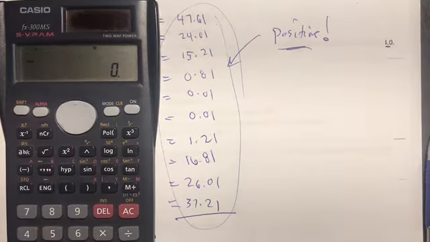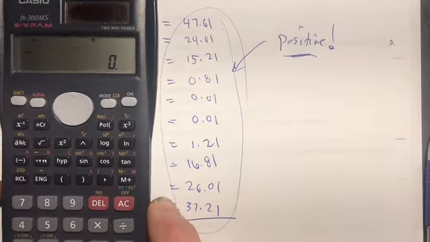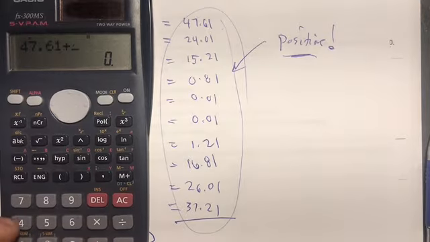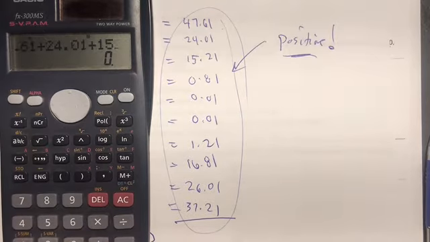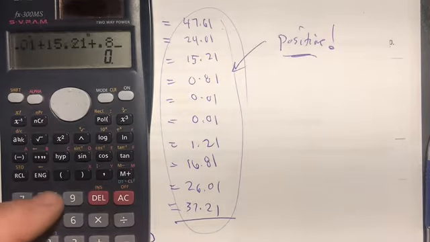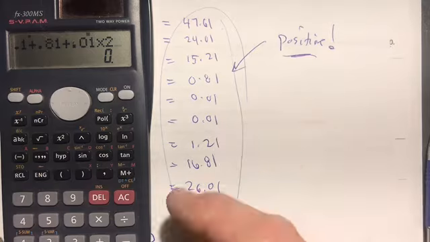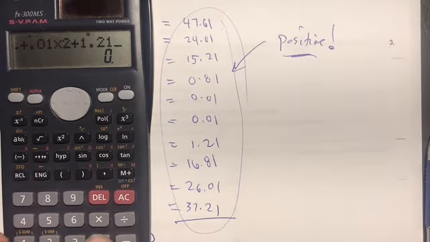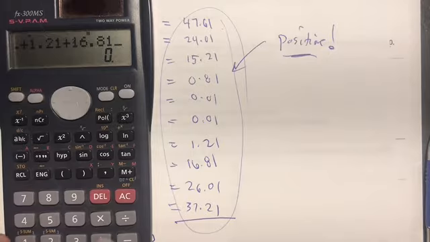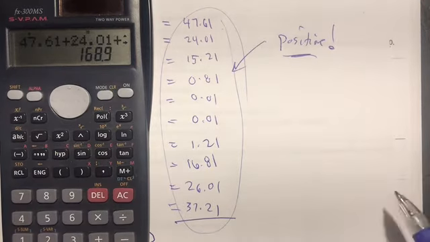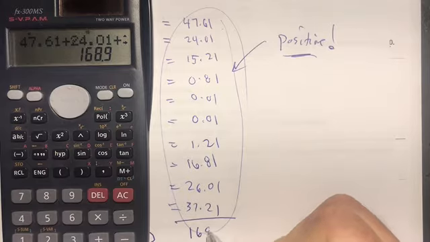We've got 47.61 plus 24.01 plus 15.21 plus 0.81 plus 0.01 times 2, because I've got 2 of these, plus 1.21 plus 16.81 plus 26.01 plus 37.21, and that comes up to 168.9.